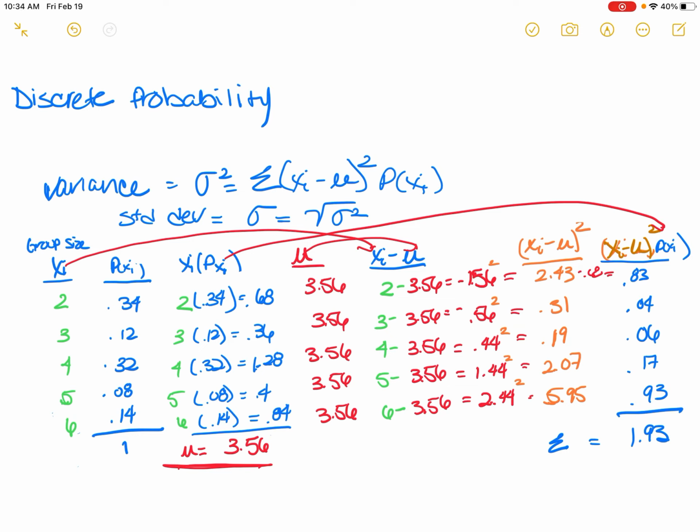Same thing, 0.31 times 0.36 gave me 0.4, right? So I multiplied these for all 5 data points, and the sum of all these gave me my variance, which was 1.93.